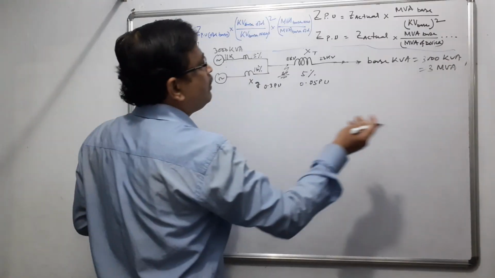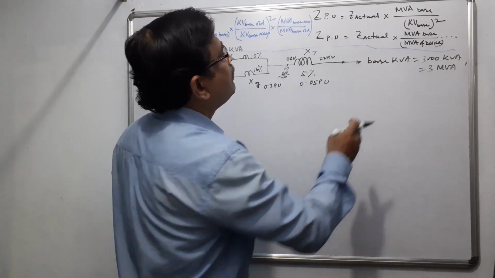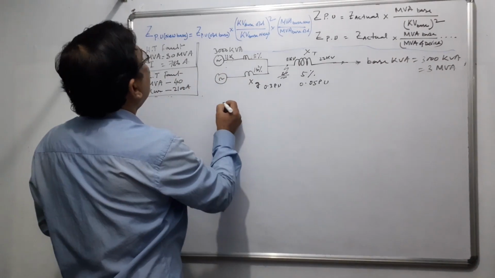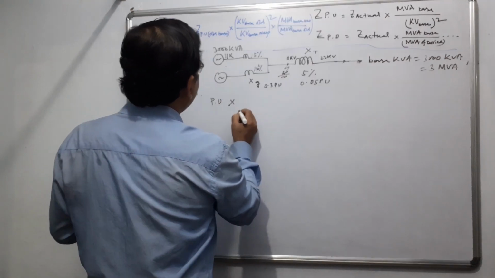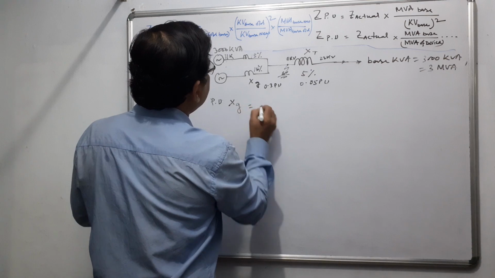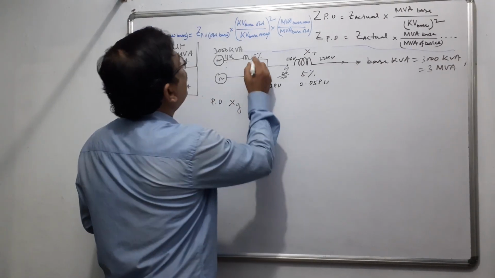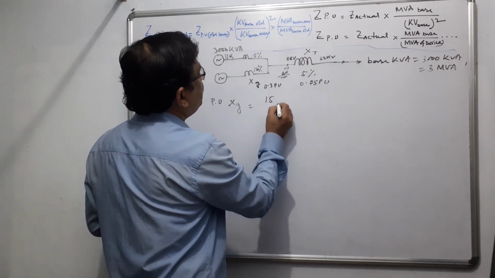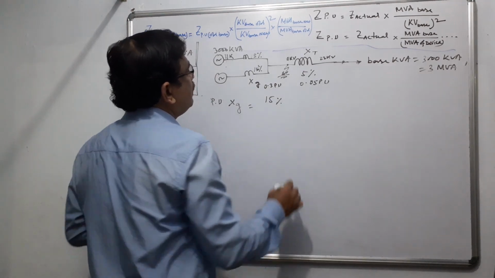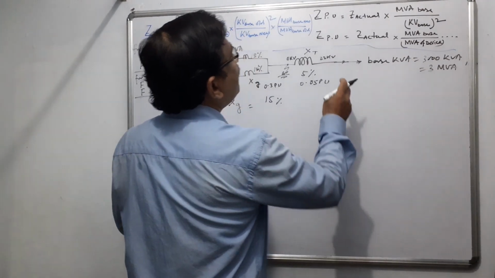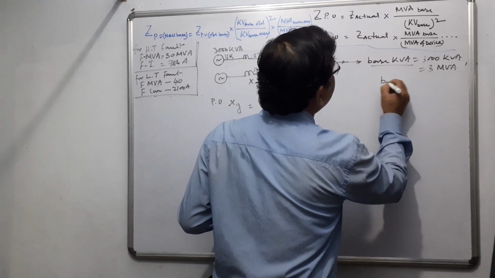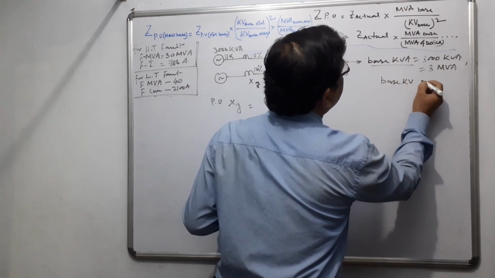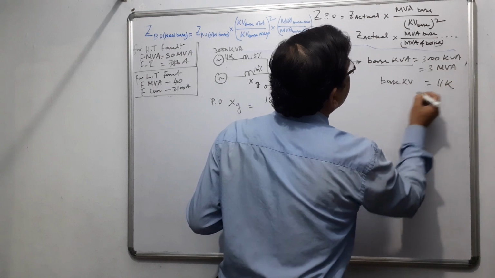In that case, assume here it is 3 MVA, so per unit X of the generator equals how much? 15%. The base kVA is once again the base kVA, and the base kV for the generator side is 11 kV.